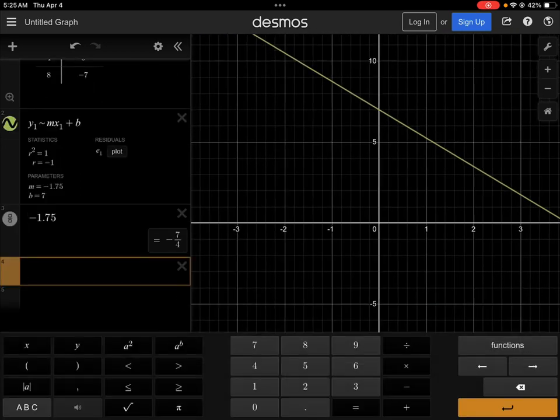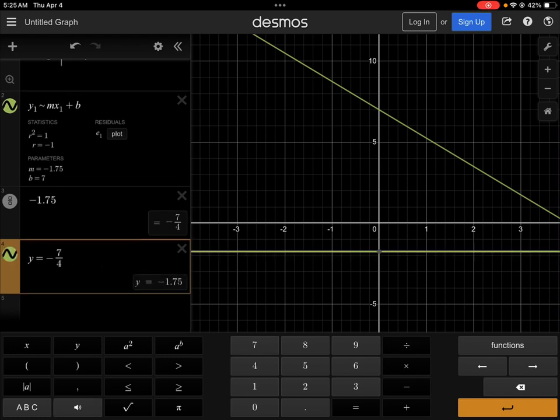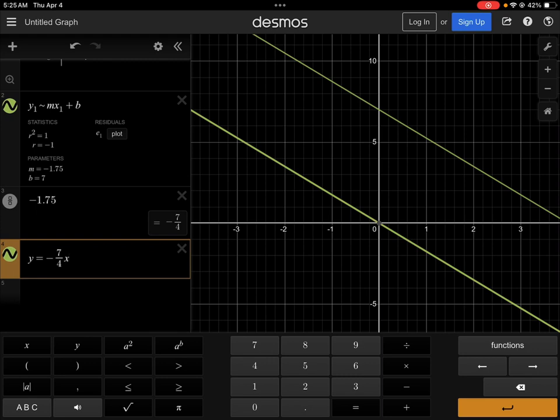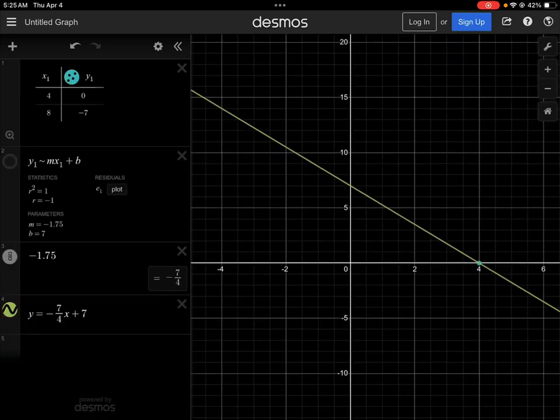I'm going to write it again with the fraction just to see it written nicely. Negative 7/4 times x and then plus 7. Of course, it's going to be the same graph as the one that I got. So if I eliminate this, my graph will appear.